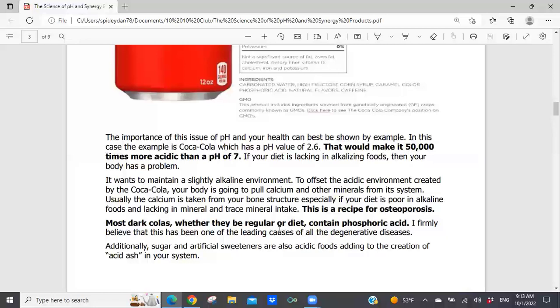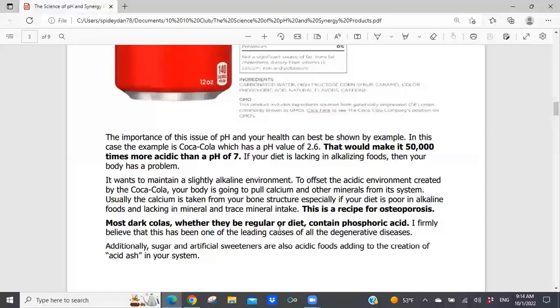Now, we'll look at what foods are acidic and what foods are alkaline. And you need to understand that it's not the initial part of the food. Some foods will test acidic before you consume them, and it's not necessarily going to cause you to be acidic just because it's acidic when you consume it.